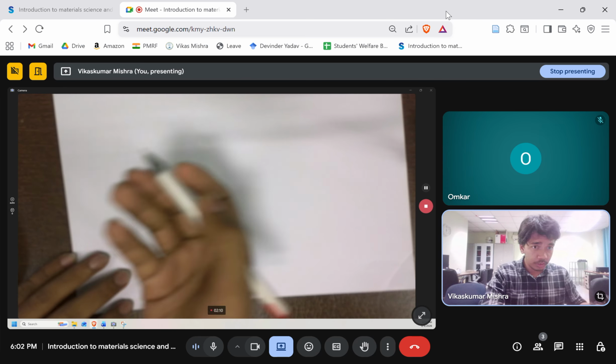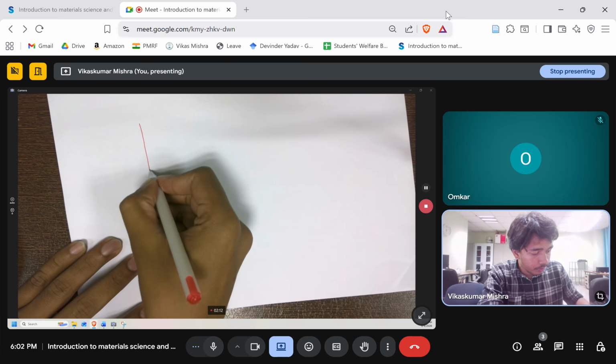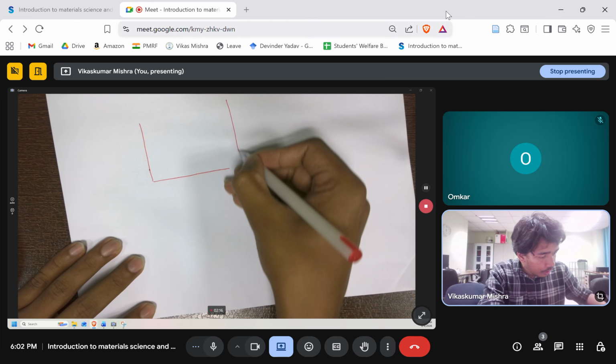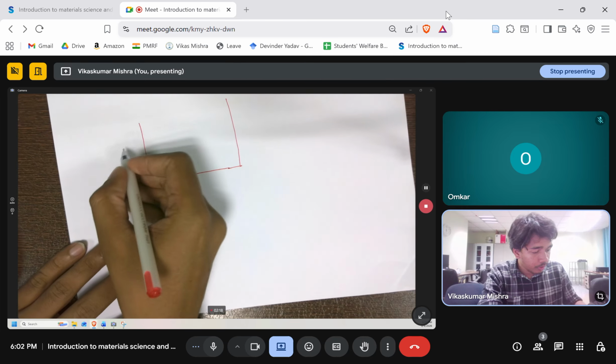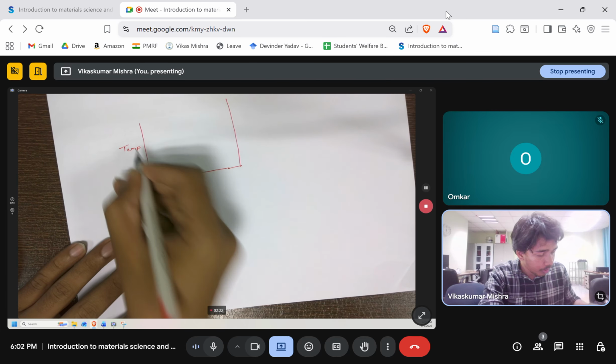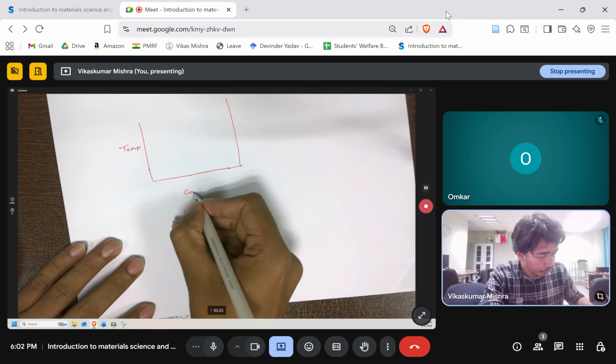For example, I will take a general diagram. On the y-axis we have temperature. On the x-axis we have composition.